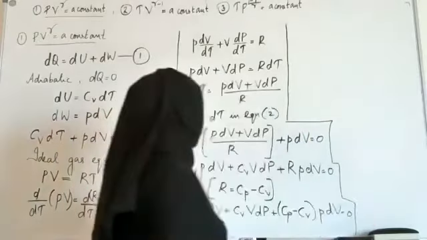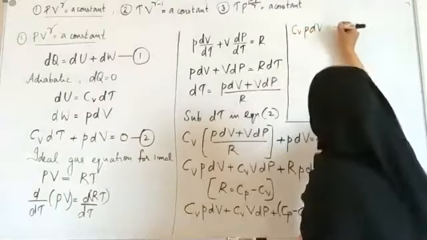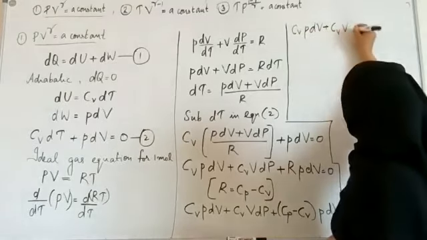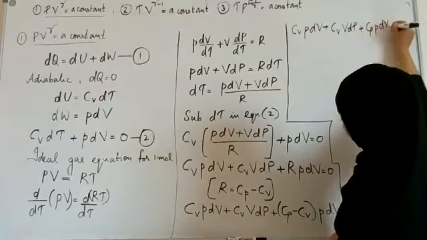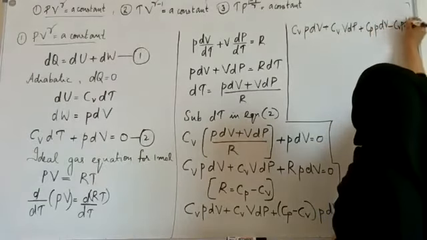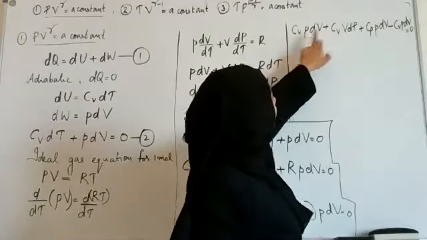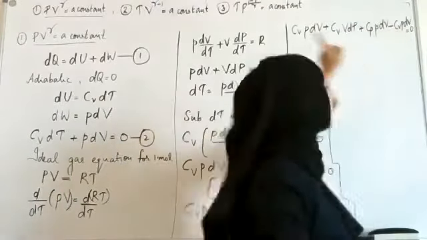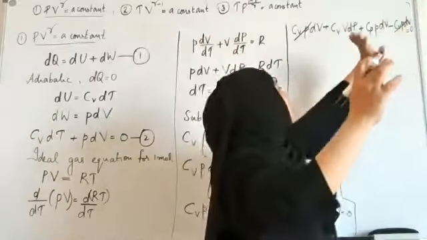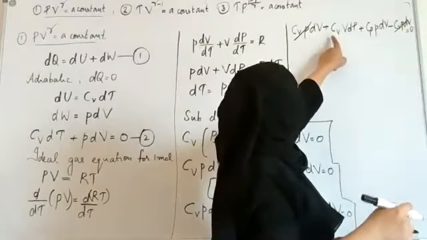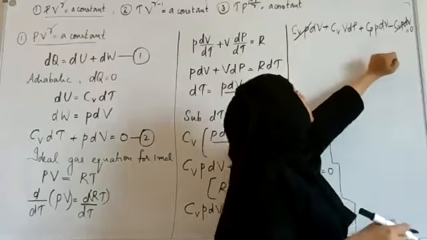It will become Cv PdV plus Cv VdP plus Cp PdV minus Cv PdV equal to 0. Here, Cv PdV minus Cv PdV is plus and minus of the same quantity, so I can cancel them. What we end up with is Cv VdP plus Cp PdV is equal to 0.